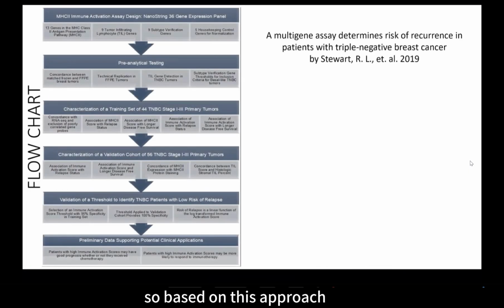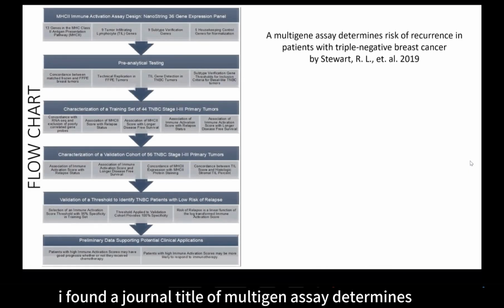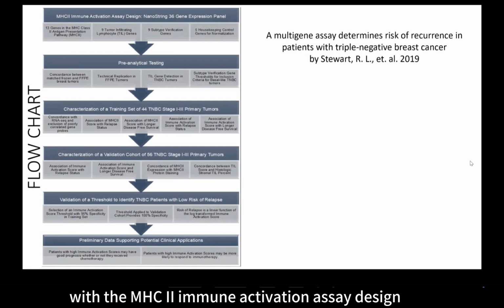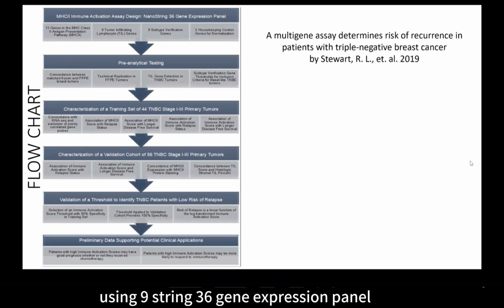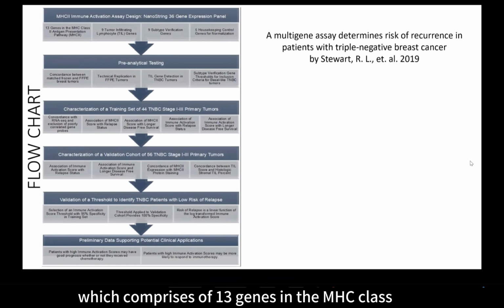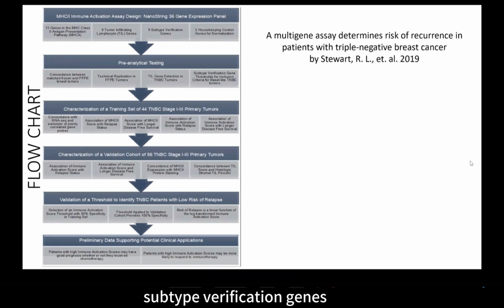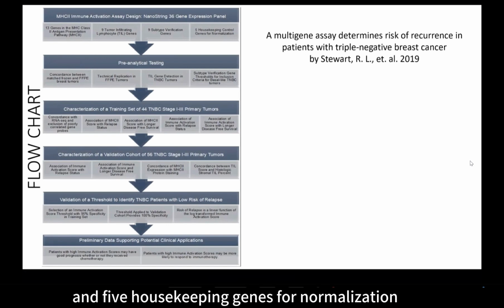Based on this approach, I found a journal titled A Multigene Assay Determines Risk of Recurrence in Patients with Triple Negative Breast Cancer by Stewart in 2019. They came up with the MHC2 immune activation assay design using a NanoString 36 gene expression panel, which comprises 13 genes in the MHC class 2, 9 tumor infiltrating lymphocyte genes, 9 subtype verification genes, and 5 housekeeping control genes for normalization.